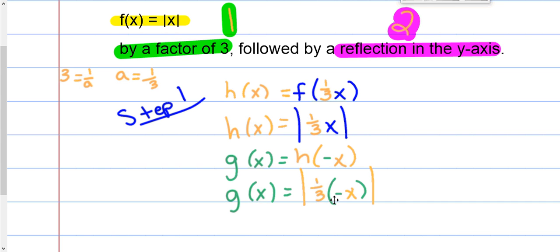I can't leave it like that though. I have 1/3 times negative x, that's going to mean I have negative 1/3 x. So I've got g of x equals the absolute value of negative 1/3 x, close the absolute value, and there we go.